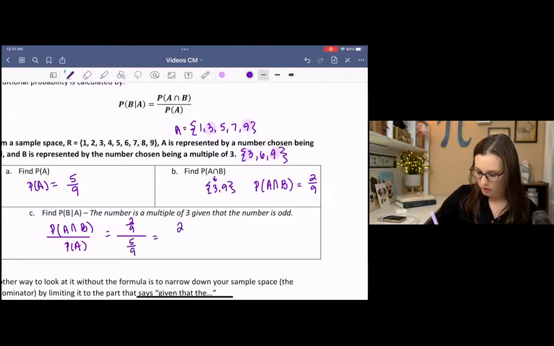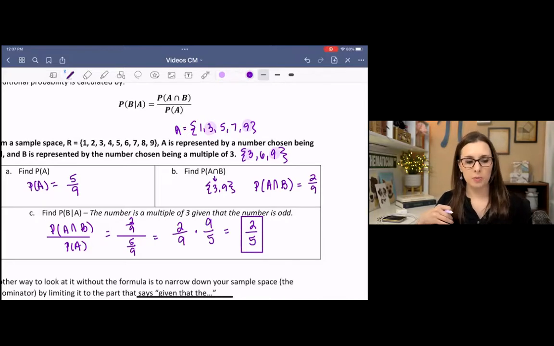Then we simplify that by flipping the second number and multiplying, and we get 2/5.